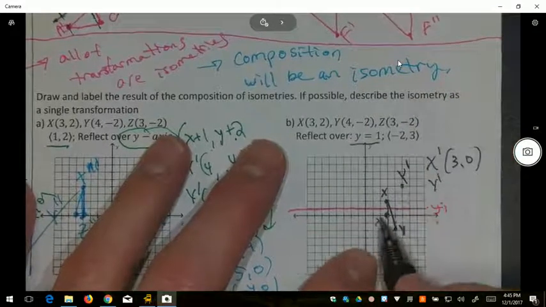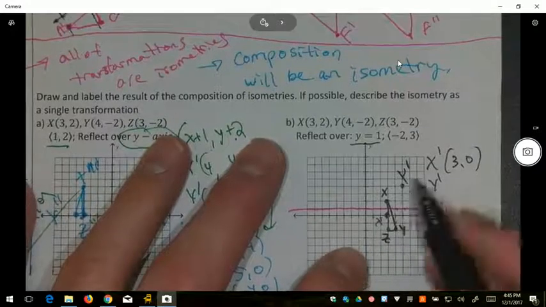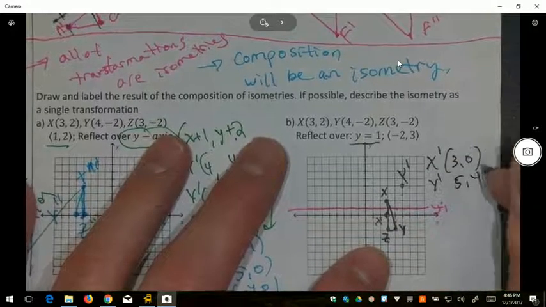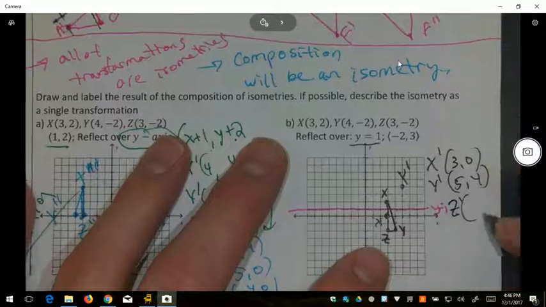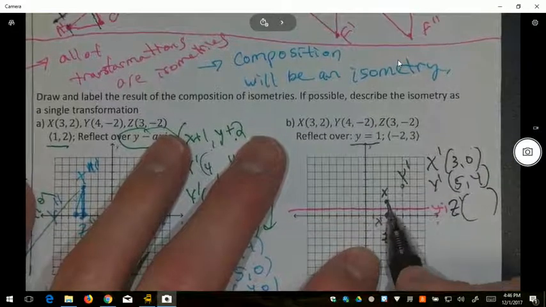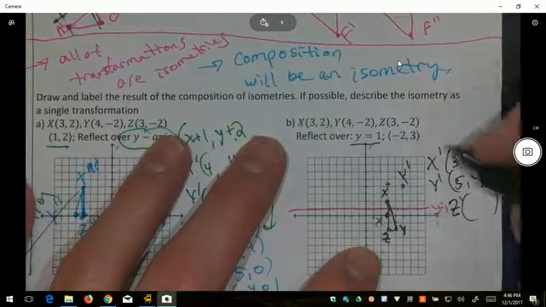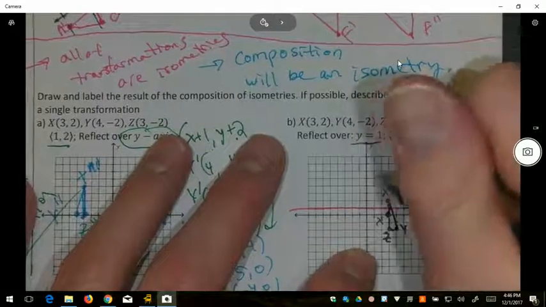Y prime is at 5, 4. And my z prime, it's 1, 2, 3 units away, so I go 1, 2, 3 units away to get my z prime.